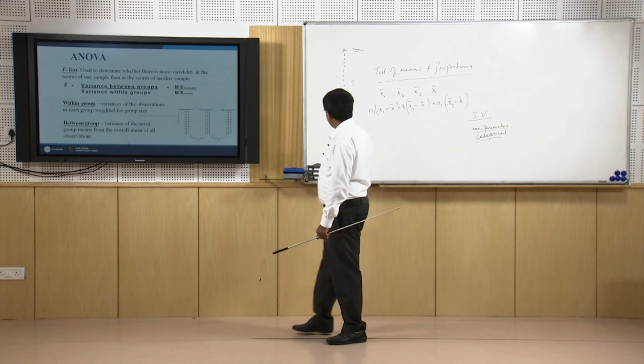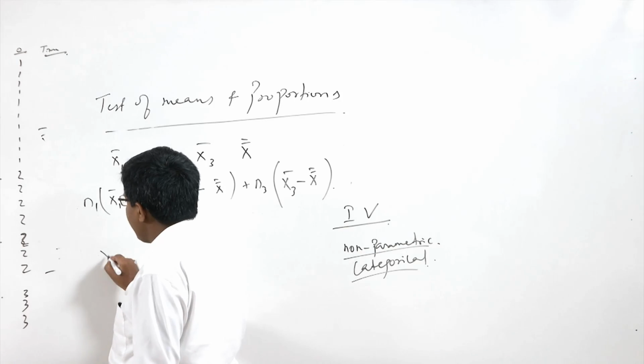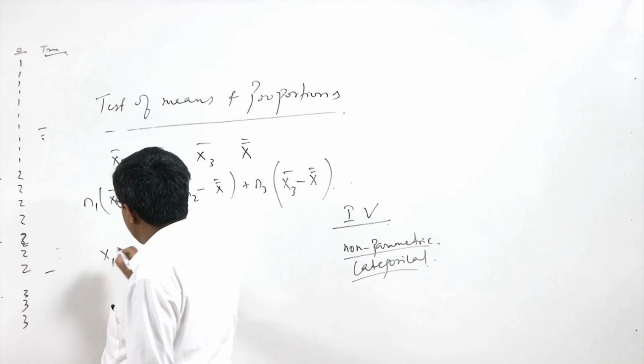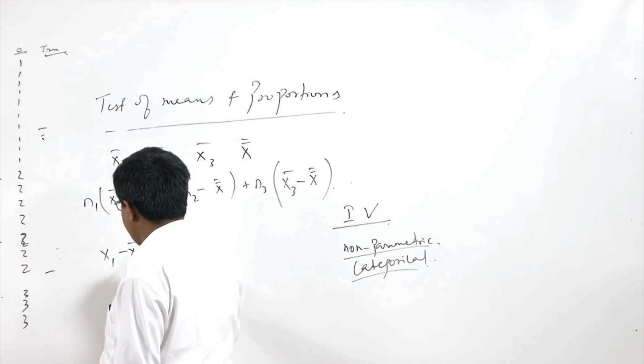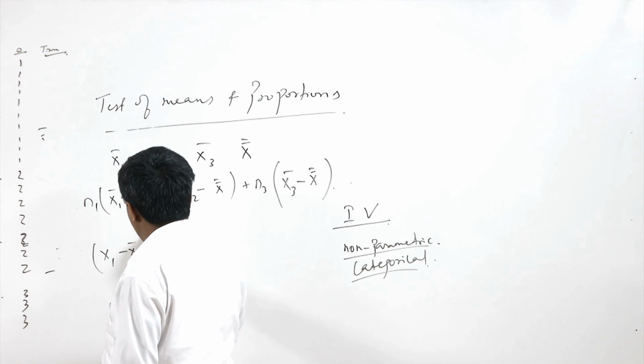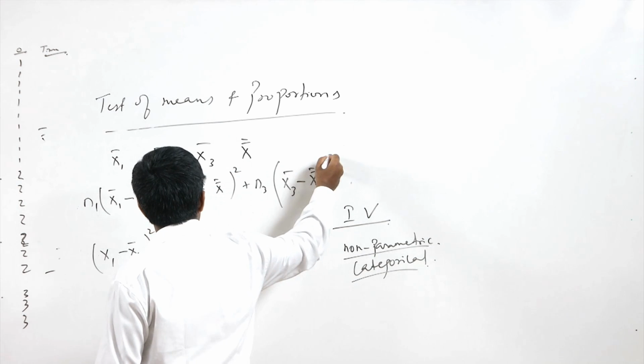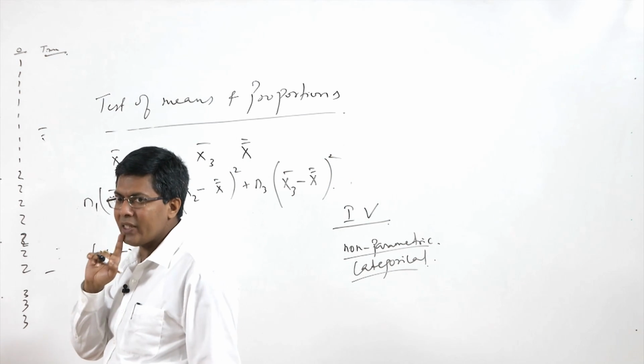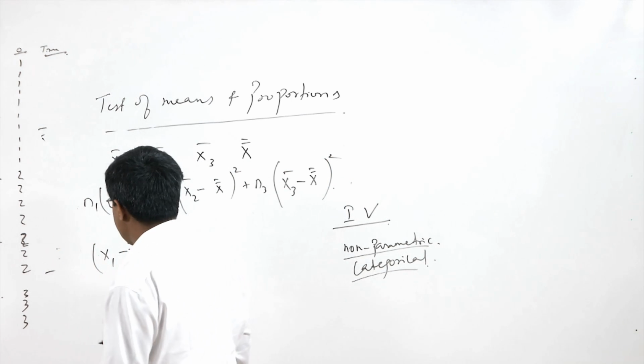Similarly, the within group is nothing but x1 minus x1 bar, all squared. Remember, this is a variance, which is the square of the standard deviation.